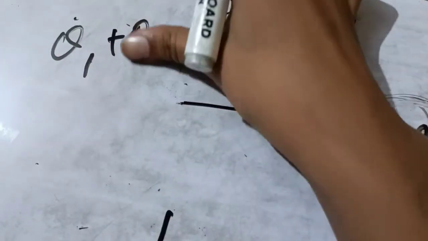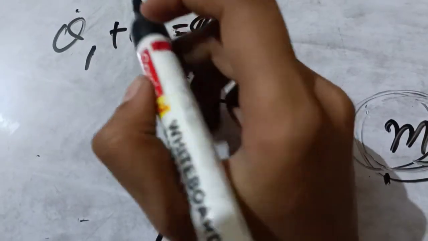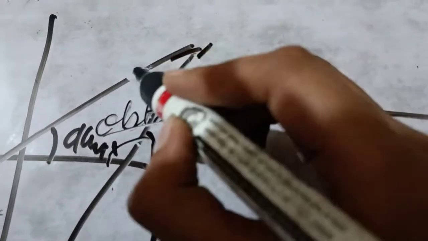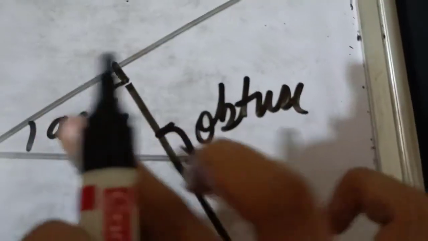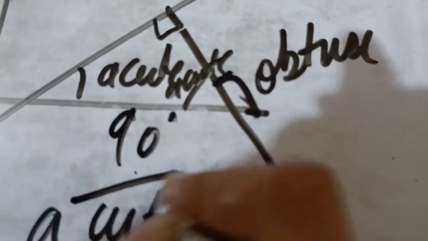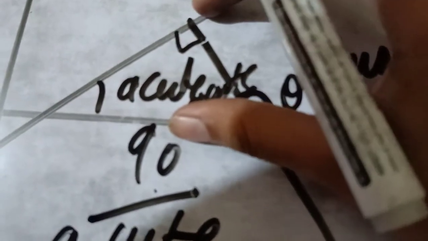But if one is larger than 90 degrees, let's suppose 100, can you get the sum as 90? No. That means if both are acute, you can't get a right angle triangle, so you need to have one obtuse. If you have one obtuse, then the other is acute, the sum of these angles can be 90 degrees, and the triangle you are forming can be a right angle triangle.